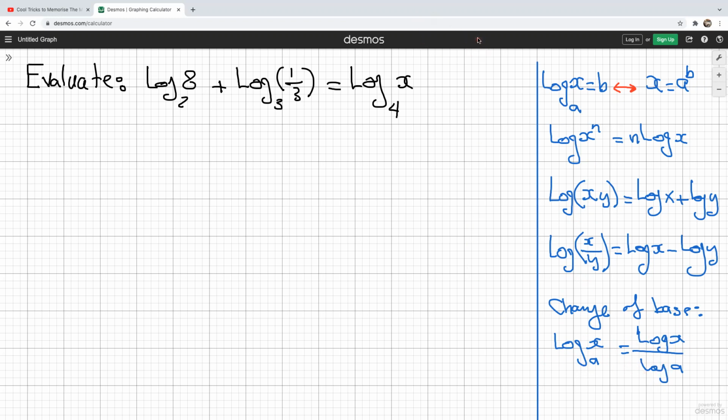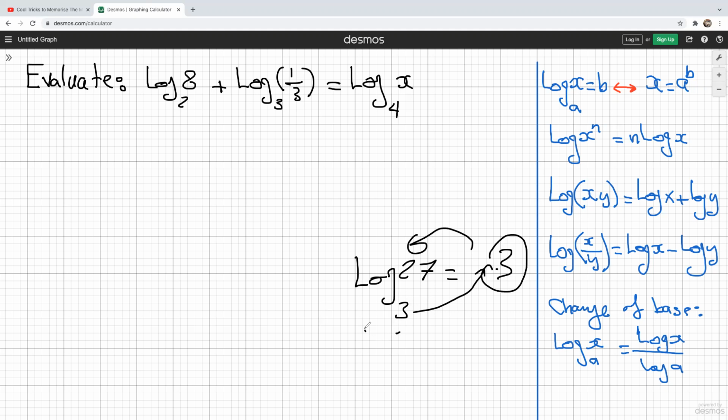And I'll give you an example. Here, if I give you log base 3 of 27, then you ask yourself, 3 raised to the power of what equals 27? The answer is 3, because 3 to the power of 3 is 27. But if I change this to 2, so log base 2 of 27, then 2 raised to the power of what equals 27?